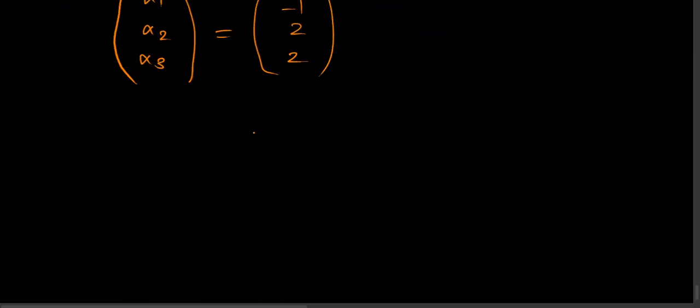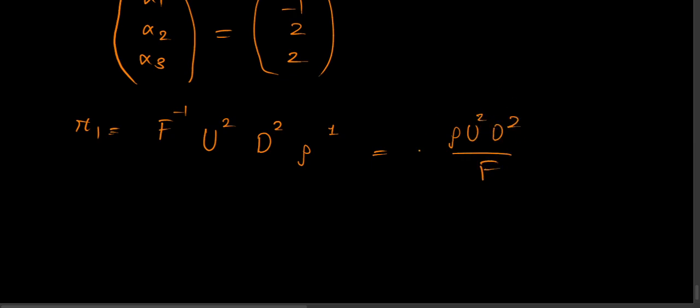This is the solution we got, and now we can write pi 1, the first similarity ratio, as F raised to alpha 1, which is -1, U raised to alpha 2, which is 2, D raised to alpha 3, which is 2, rho raised to alpha 4, which we chose as 1, and viscosity raised to 0. This I can write as rho U squared D squared by F. This is actually a used similarity ratio.